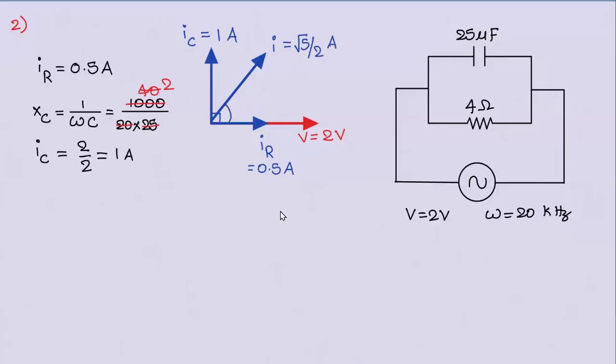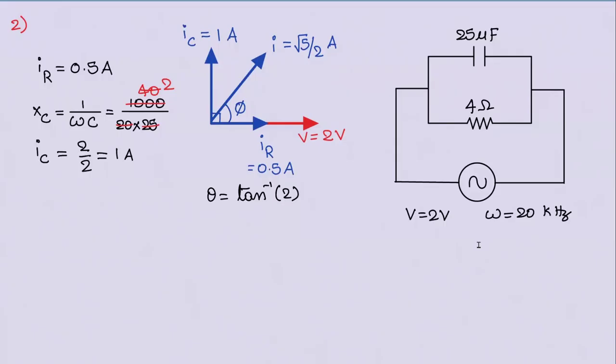Angle phi is a little difficult. Phi or theta, whatever. The tan theta is equal to 1 by 0.5, or tan inverse of 2. I don't know the value actually. It's okay. What else do they want? Calculate the current given by the source, and the phase difference between the current and voltage.